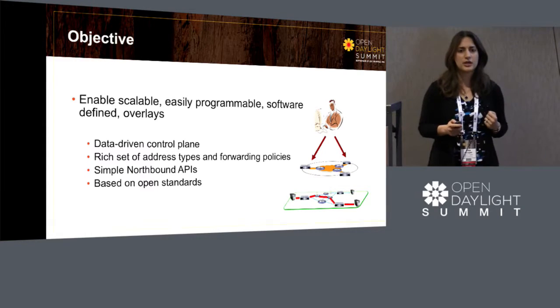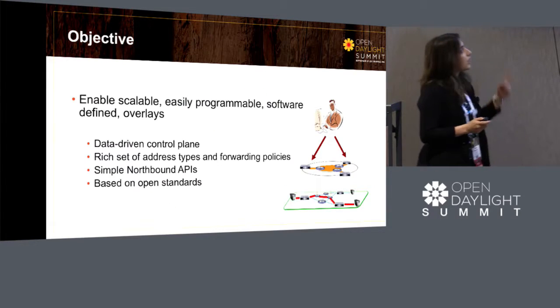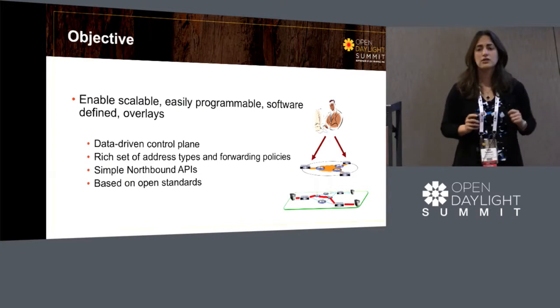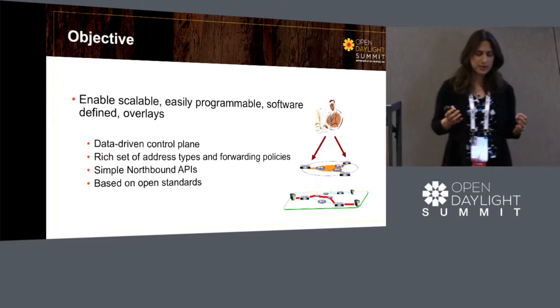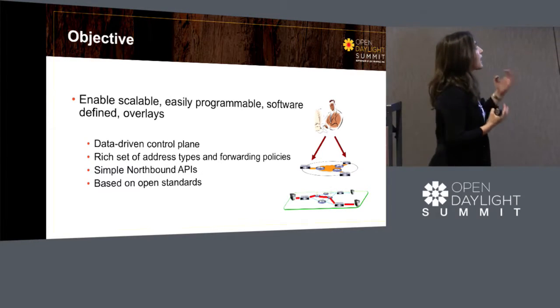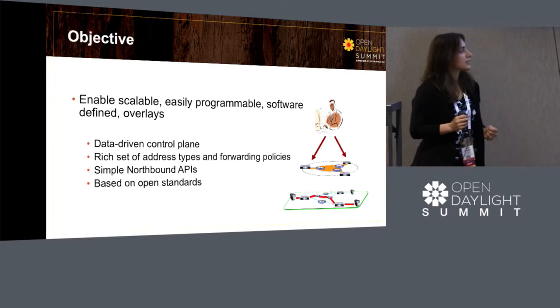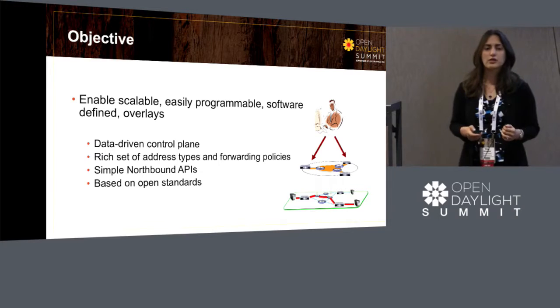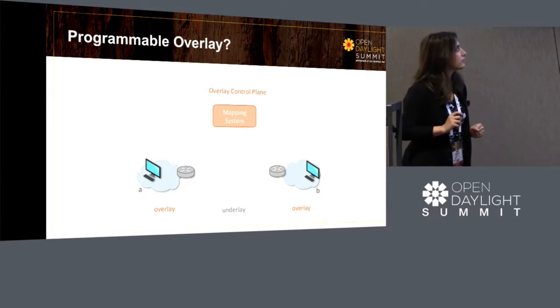And I'll go into more detail on that in the next slide. Oh, actually, third, we wanted to have a simple northbound API, and that's to satisfy the simple programmability of the overlay. And lastly, we wanted the control plane to be based on open standards.